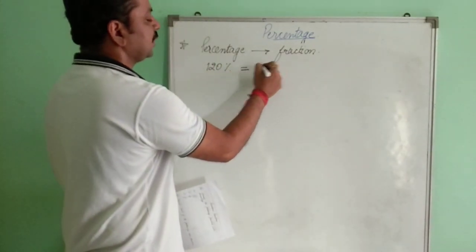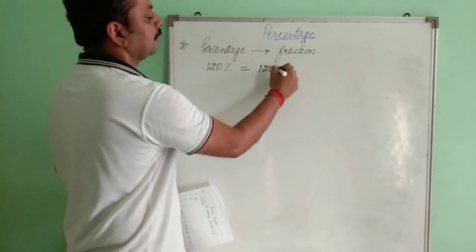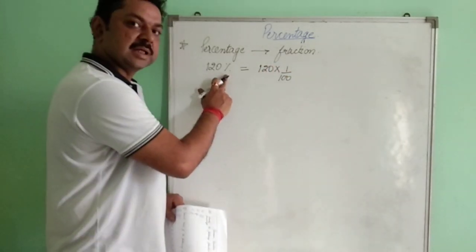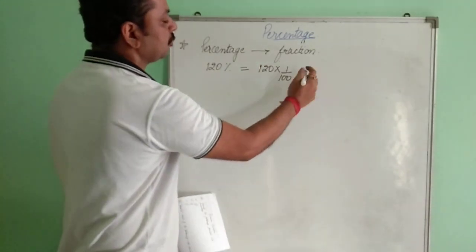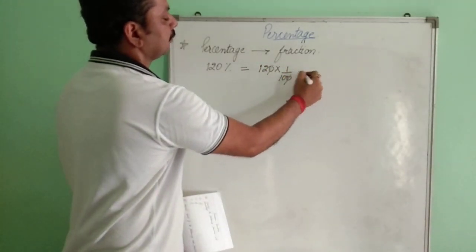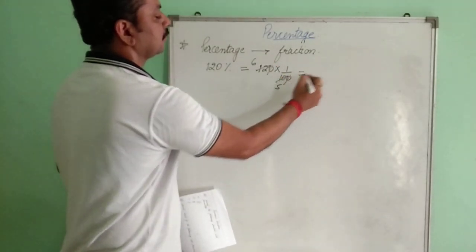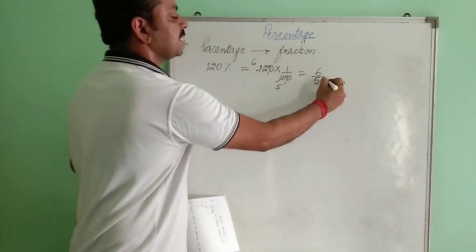That will be 120 multiplied by 1 upon 100, because you take this percent sign out. So your fraction will be 6 by 5.